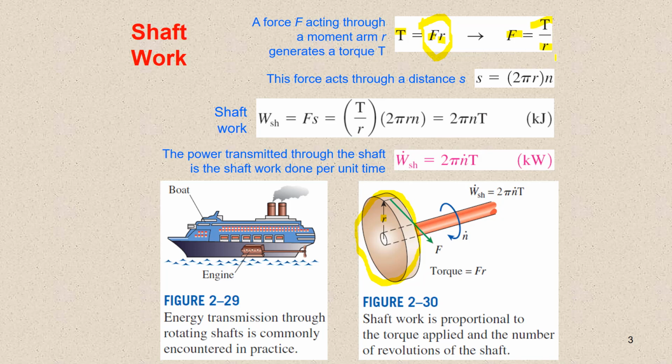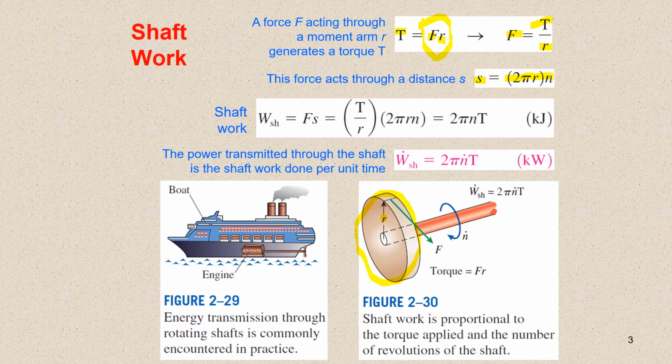This force acts through a distance s, which is related to the radius r by s equal to 2 pi r n. In this case, recall that n is the number of revolutions, and anywhere where you see a dot on top would suggest the rate.